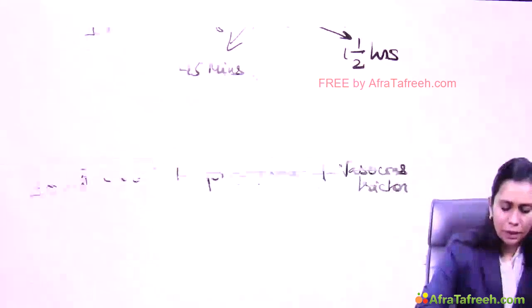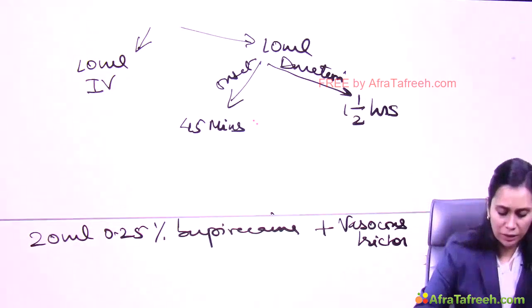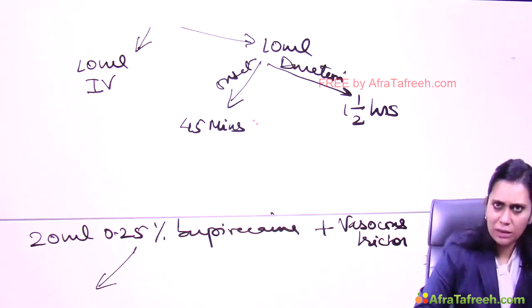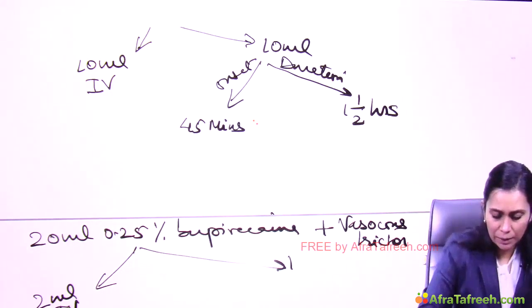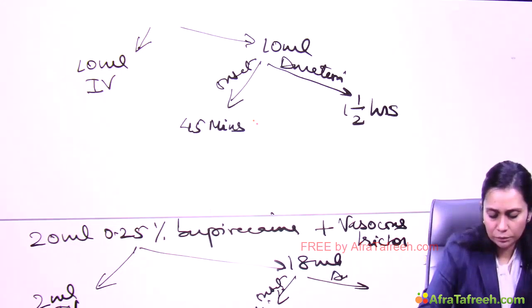What will happen? It will constrict the surrounding blood vessel. Let's say 2 ml drug now intravascularly absorbed, 18 ml there for the action. Now the onset of block in 5 minutes and duration for 3 hours.